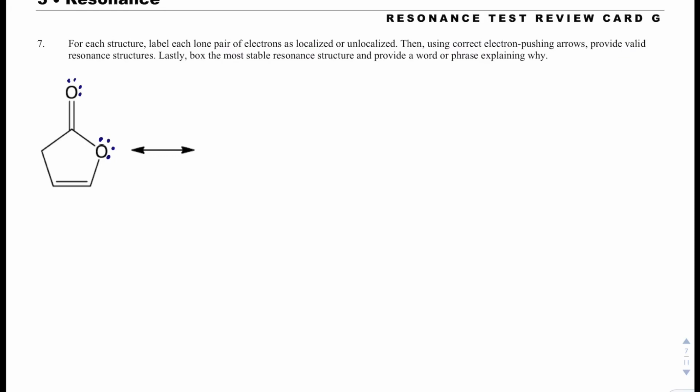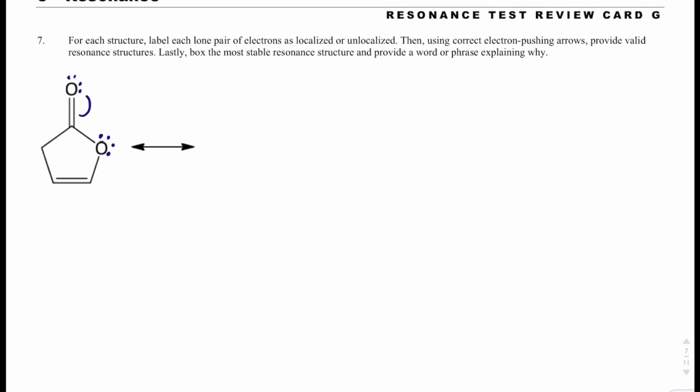So we will create some charge here. This gives oxygen a negative charge, this carbon a positive charge. There's a pair of delocalized electrons. Many of you will probably do that step in one step.